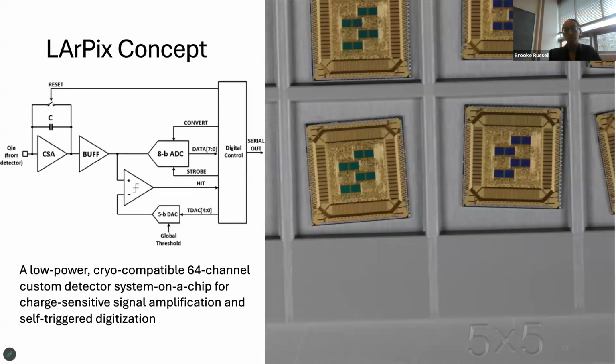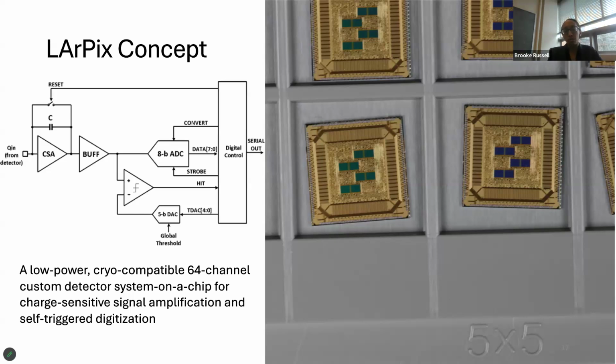I show some LArPix chips or ASICs on the right. The idea is the following. Each chip is connected to 64 individual detectors. So this little chip is actually a detector system on a chip, where one channel has a pixel sensor that it's connected to. When we induce current on that pixel due to the arrival of ionization electrons toward the anode plane, that current is then converted to a voltage.